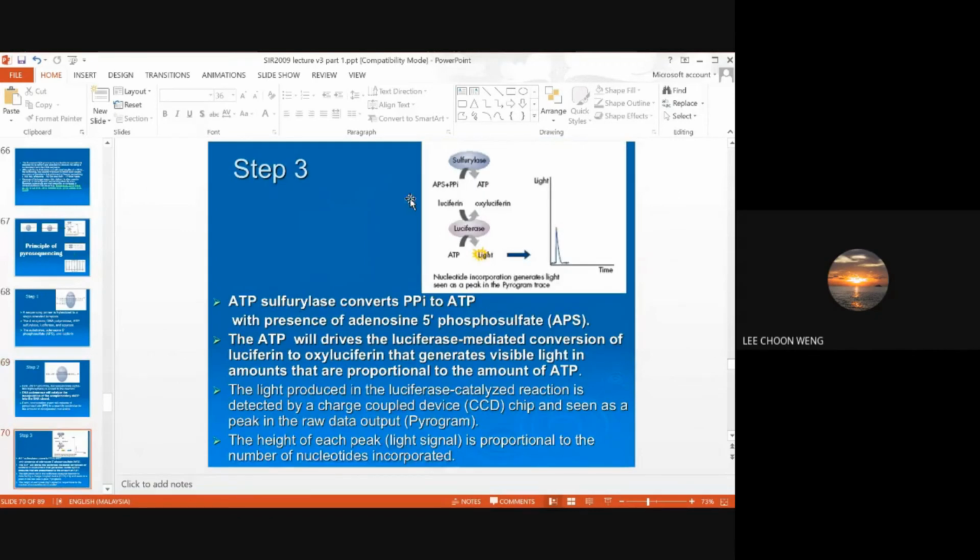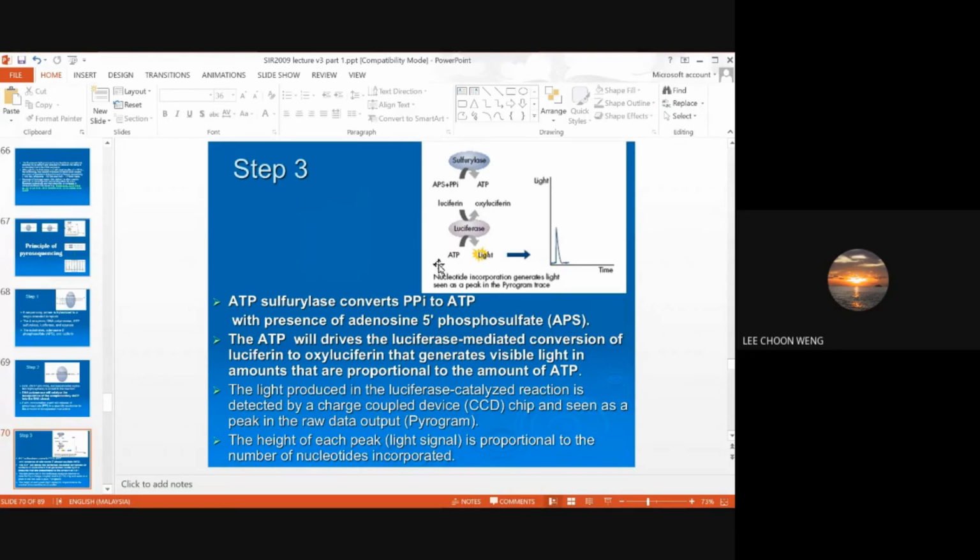Then the pyrophosphate that is released will react with adenosine 5'-phosphosulfate and will be catalyzed by sulfurylase, the enzyme, into ATP. You know ATP is an energy currency. What this ATP does is it will activate the luciferase enzyme to generate light.